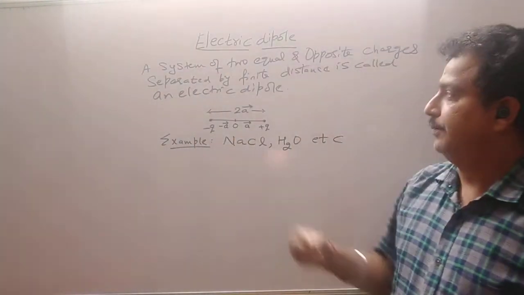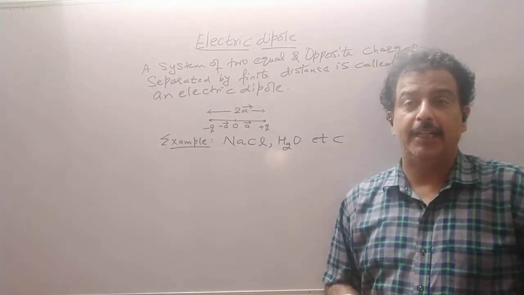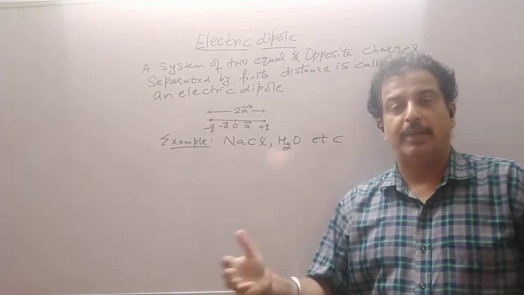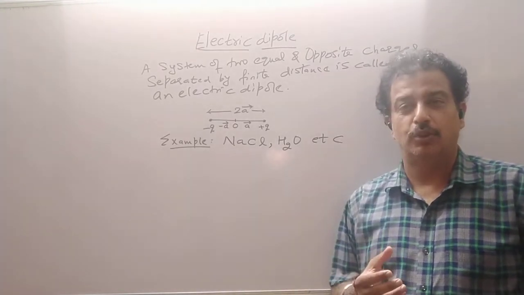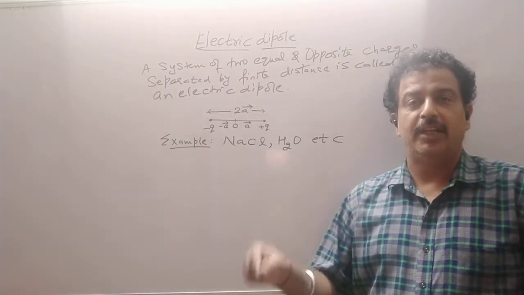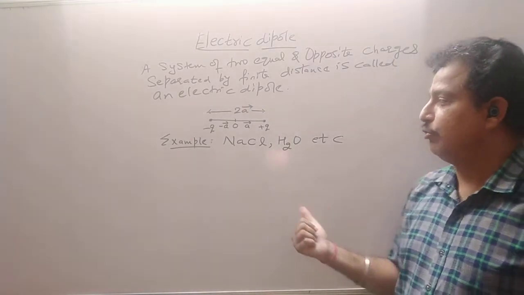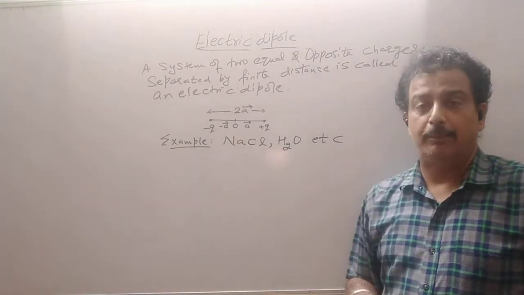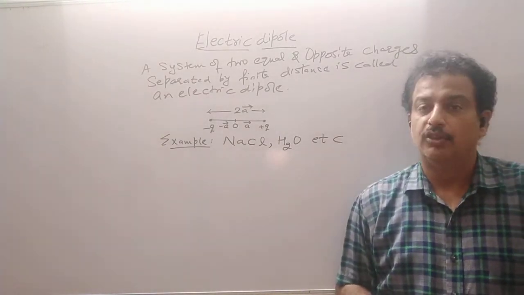Now whenever we place this electric dipole in an electric field, it will perform rotational motion, translational motion, or it may perform both, depending on whether the field is uniform or non-uniform. So in the coming days we have to place this dipole in an electric field. The electric field may be uniform or non-uniform.